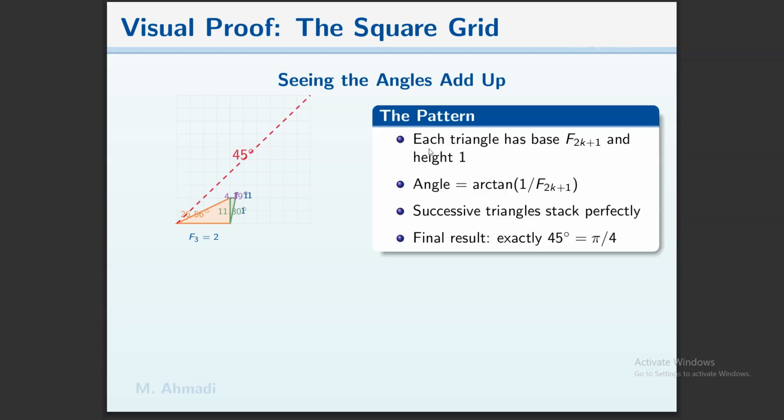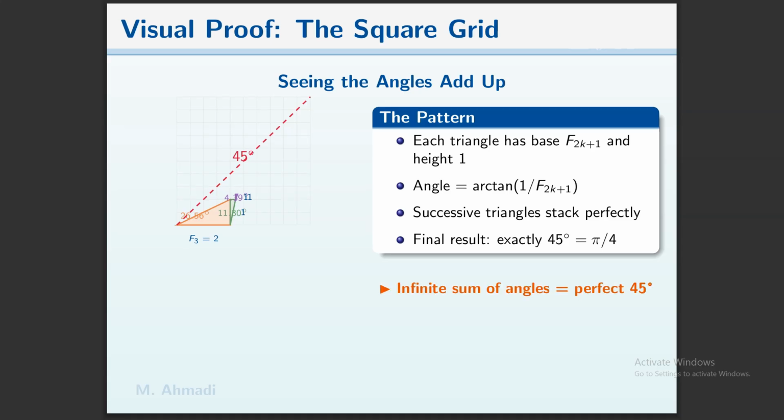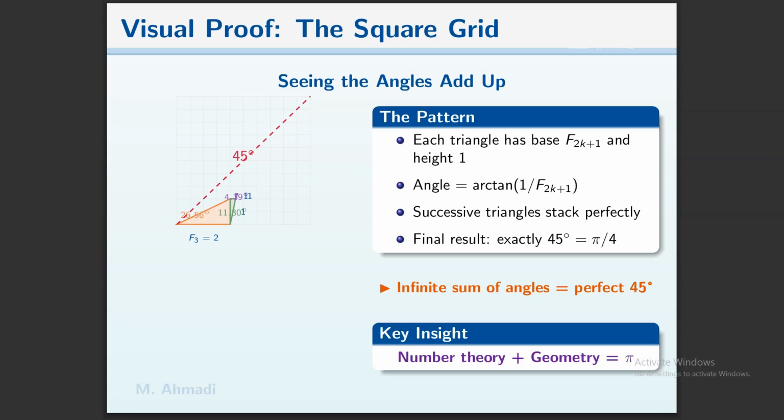Each triangle has a base of F_(2k+1) and a height of 1, so the single angle is arctangent 1 over F_(2k+1). The sides of these triangles stack perfectly, and the final result is exactly 45 degrees. The infinite sum of angles equals a perfect 45 degrees.